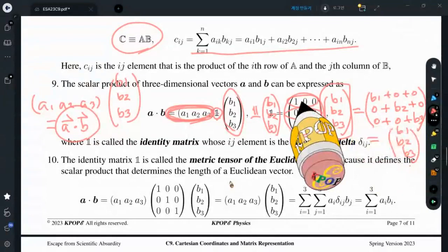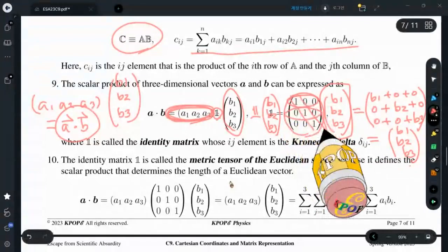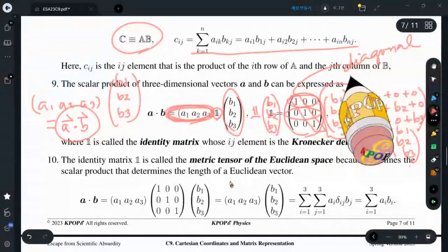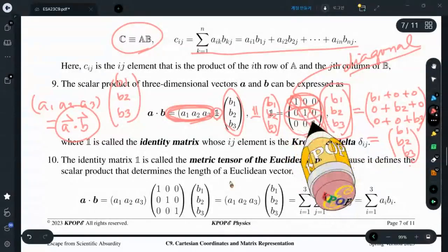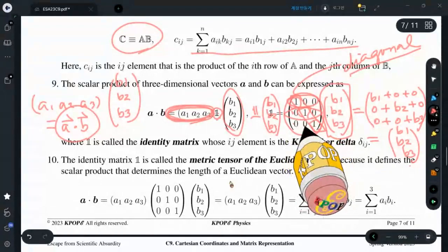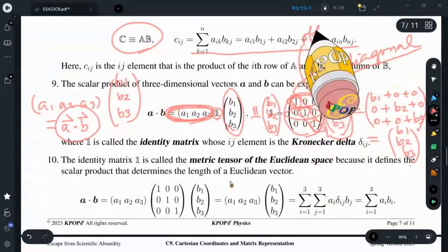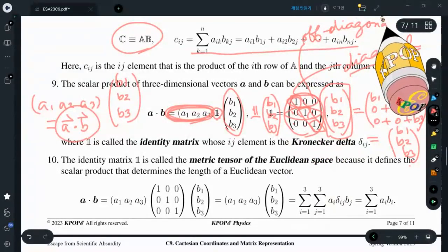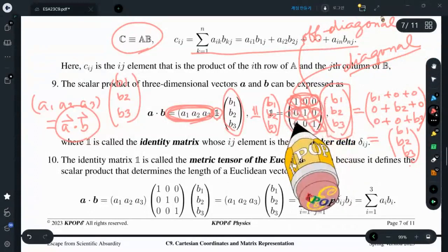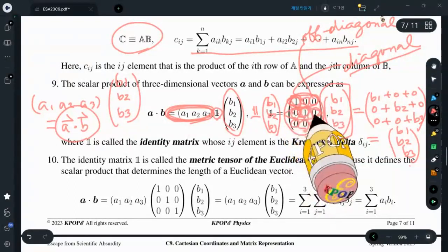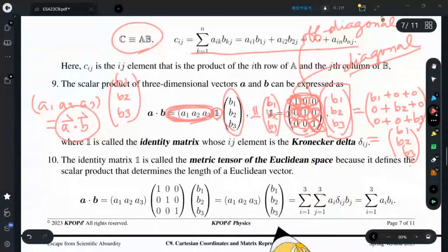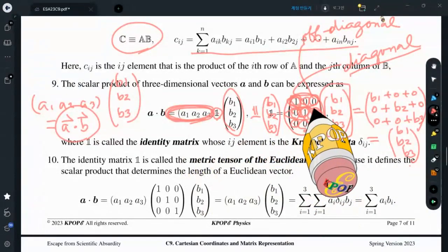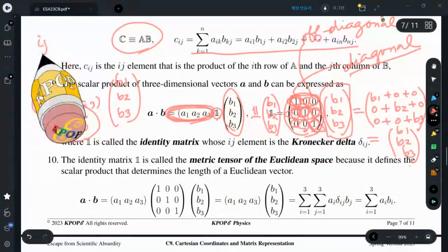As a result, this 1, 1, 1 in the diagonal, this is a diagonal. Every diagonal element is 1, and every off-diagonal element, this is off-diagonal. Any off-diagonal elements are 0, and only the diagonal elements are 1, we say this is an identity matrix. And the identity matrix has an ij element.